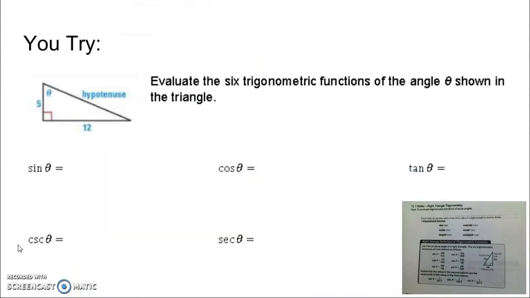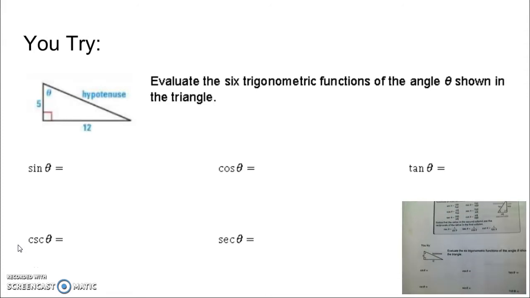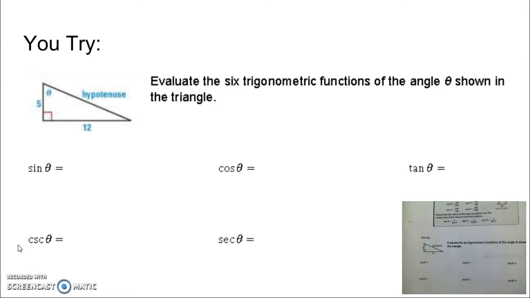So let's get some practice in. Sine, cosine, and tangent, cosecant, secant, and cotangent of this triangle, which is a right angle triangle. We know by the square mark in that lower left-hand corner.